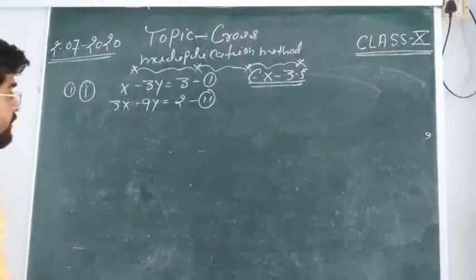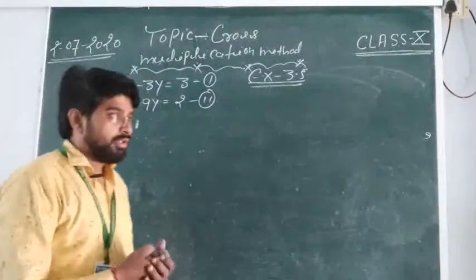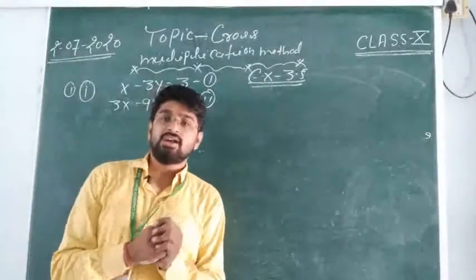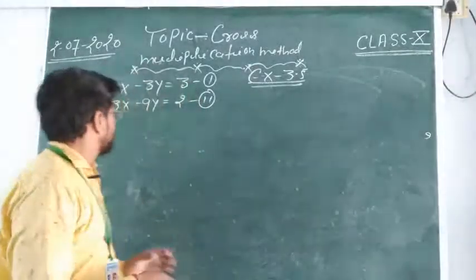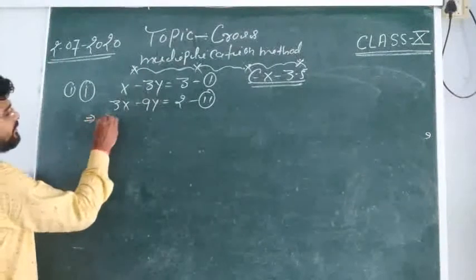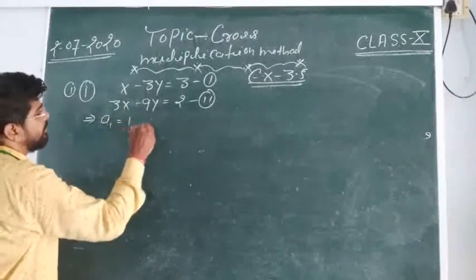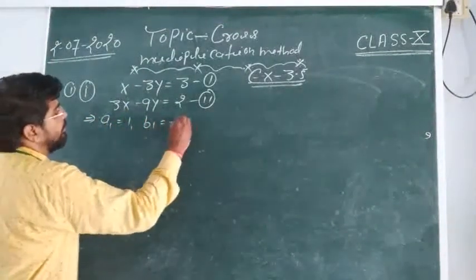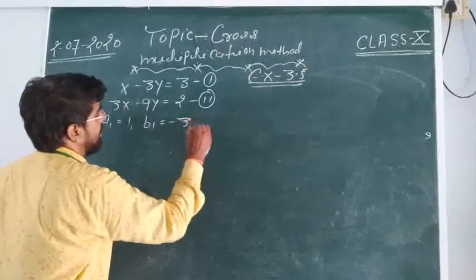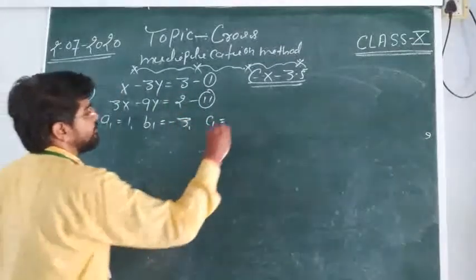Now see students, how can we solve this question? Firstly, we will check whether it contains a unique solution or not. So see, write the value of a1 is equal to 1, b1 is equal to minus 3, and c1 is equal to minus 3.